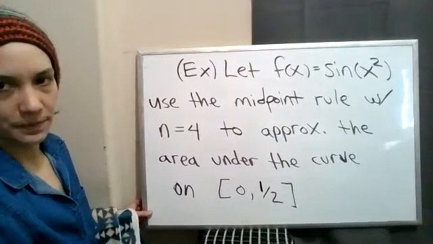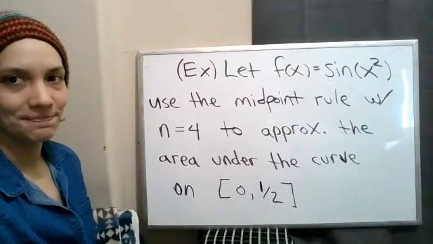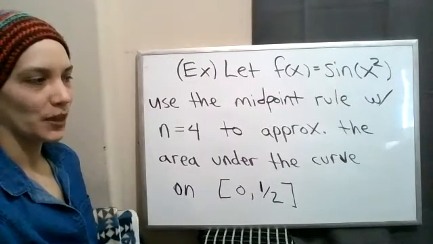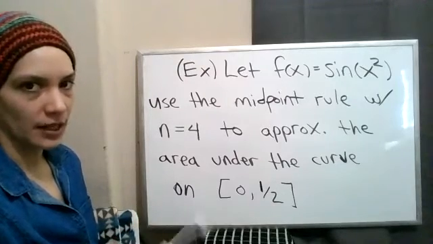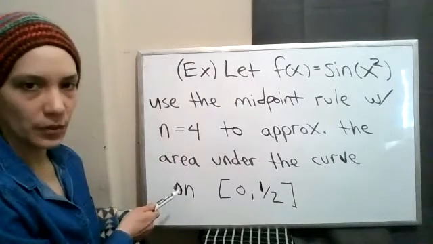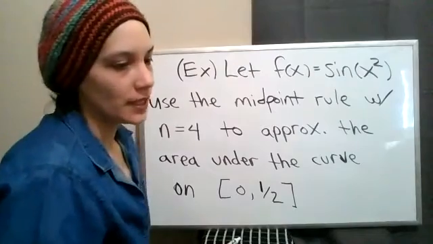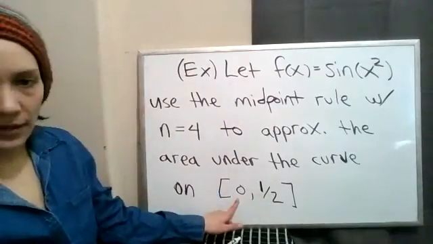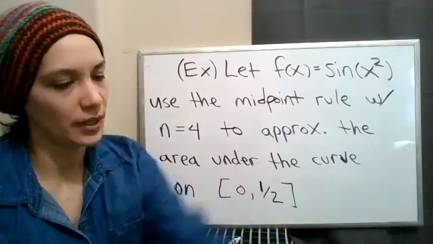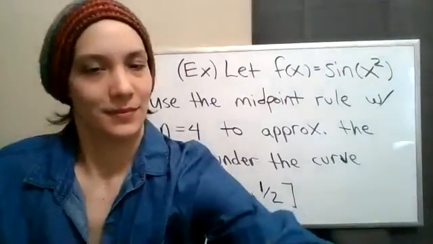Okay, looks okay. So first we'll find delta x. And I will draw a little bit of a sketch to help see what's going on. So delta x will be 1/2 subtract 0 divided by n, which is 4.